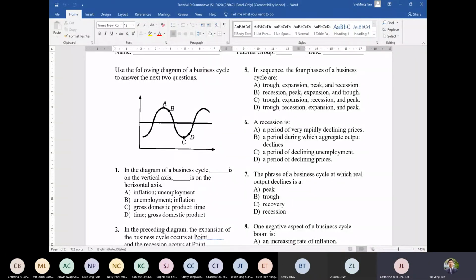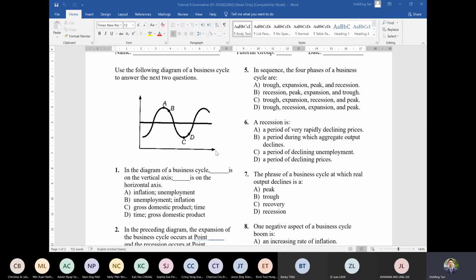In the diagram of a business cycle, gross domestic product is on the vertical axis and time is on the horizontal axis. Horizontal means this part; it refers to time, usually the year.